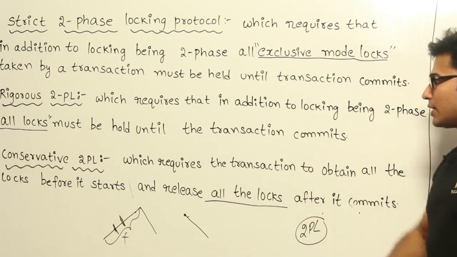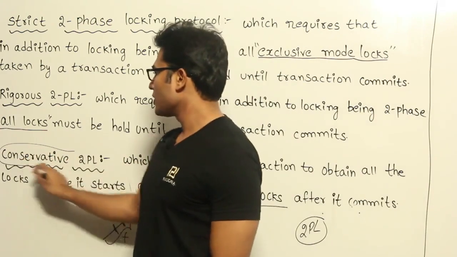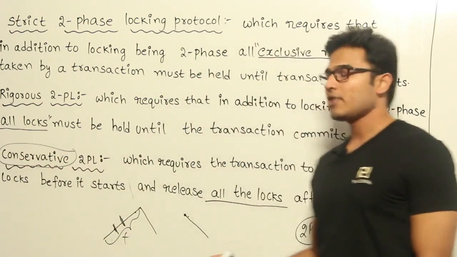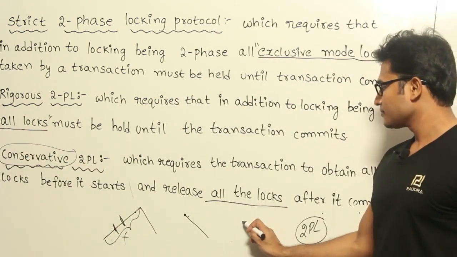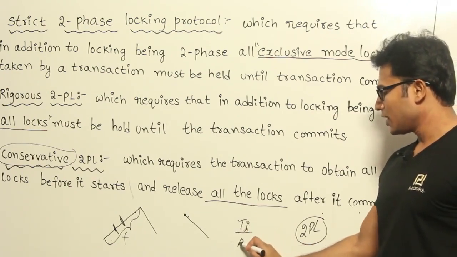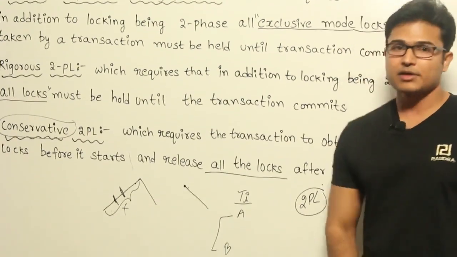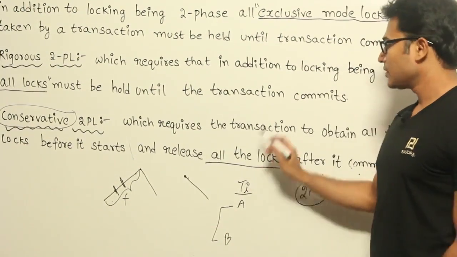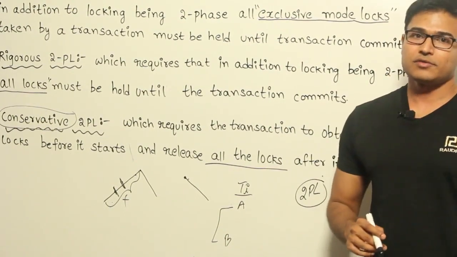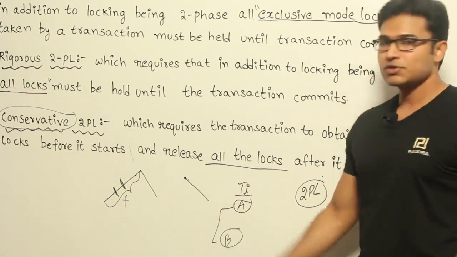The problem is that it is called conservative for a reason. Let us say there is a transaction Ti that requires a lock on A now and a lock on B after a long time, let's say after 1 hour. But according to conservative 2PL, we have to obtain both the locks, and only then are we supposed to start.